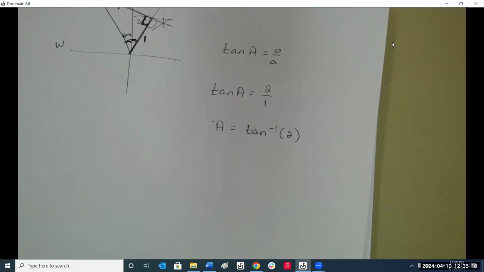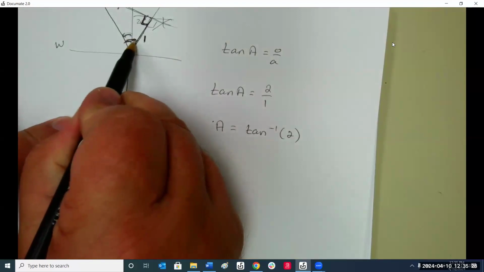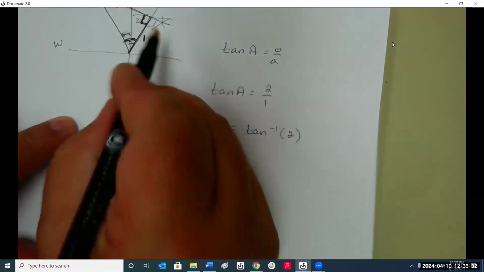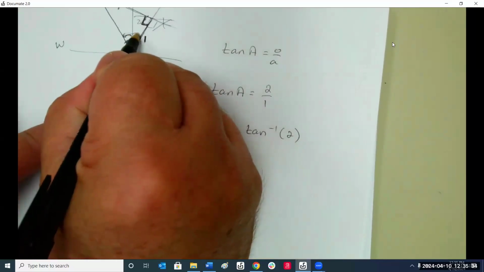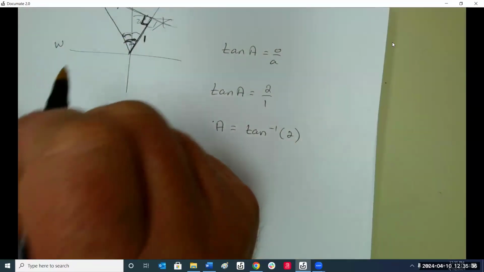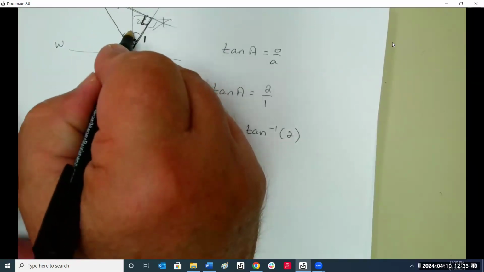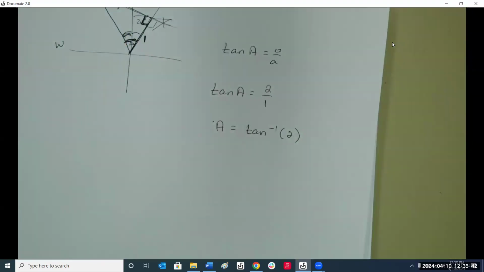What's that going to give us? Because once we get this angle here, this is A. Once we get A, we subtract the initial 20 degrees, and that'll give us the bearing that the pilot's going next.